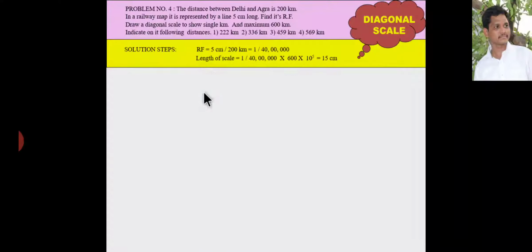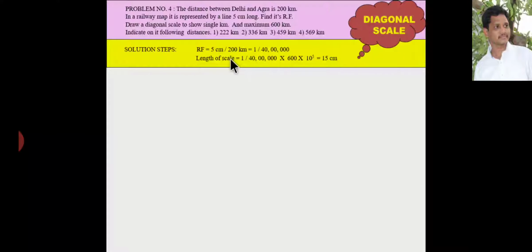So RF equals drawing size divided by actual size. Here the drawing size is 5 centimeters divided by the actual size of 200 kilometers, which equals 1 by 40 lakhs. 1 kilometer equals 1000 meters, and 1 meter equals 100 centimeters, so 1 kilometer equals 1 lakh centimeters.